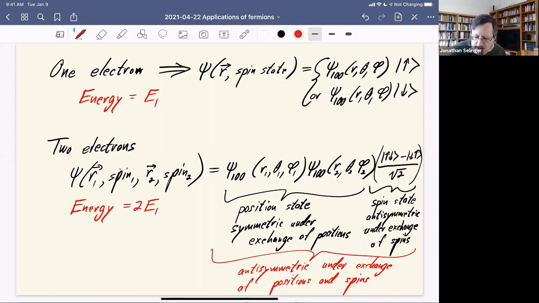Okay, so the energy is associated with the position state, right? The energy is associated with the n quantum number, and the n quantum number is 1 for both of the electrons. And so you get a total energy of 2 E sub 1.